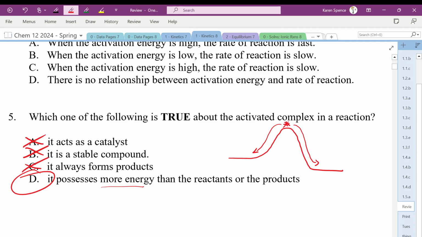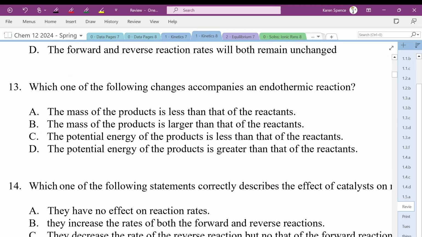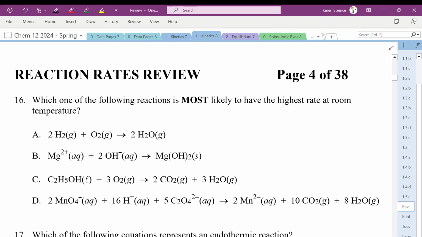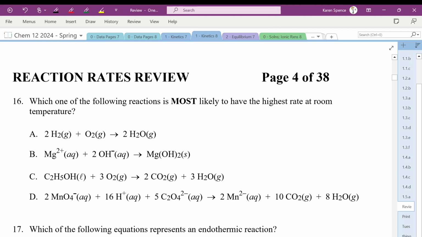16. Which of the following is most likely to have the highest rate at room temperature? Everybody, do this question now if you have not already done it. Highest rate.